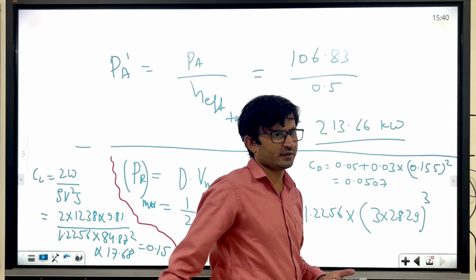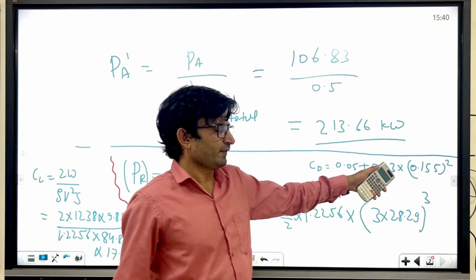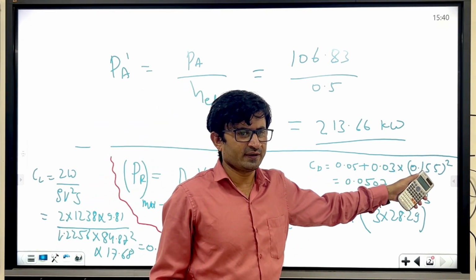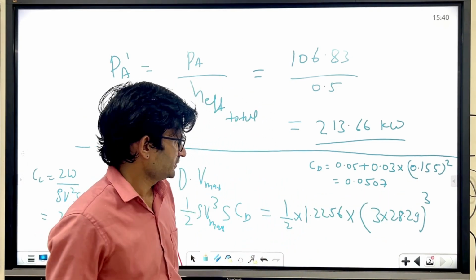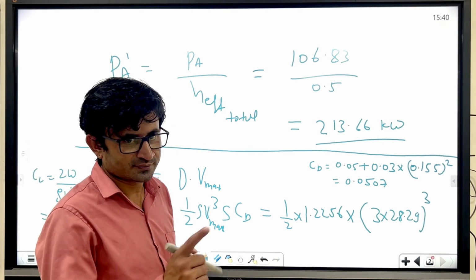That means if you are flying at a very high speed, the effect of the induced drag will be very less. So you can consider CD equal to just CD naught. Good check, right?